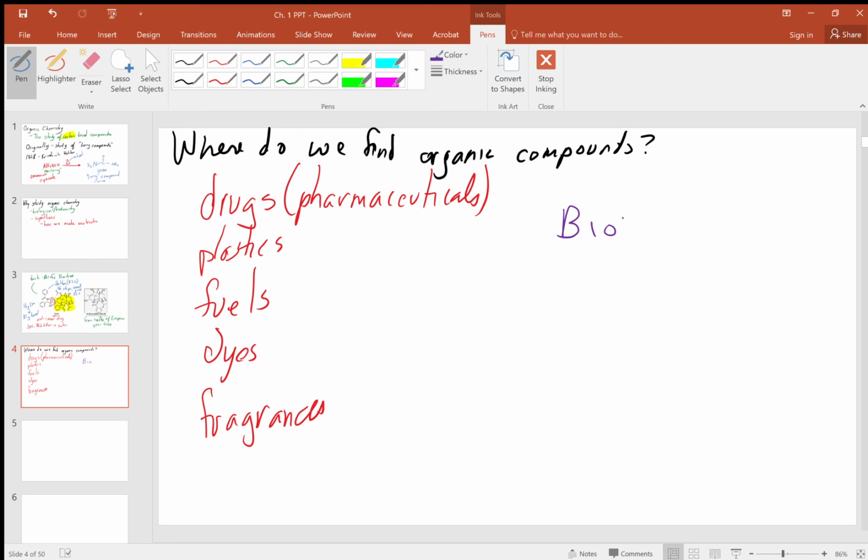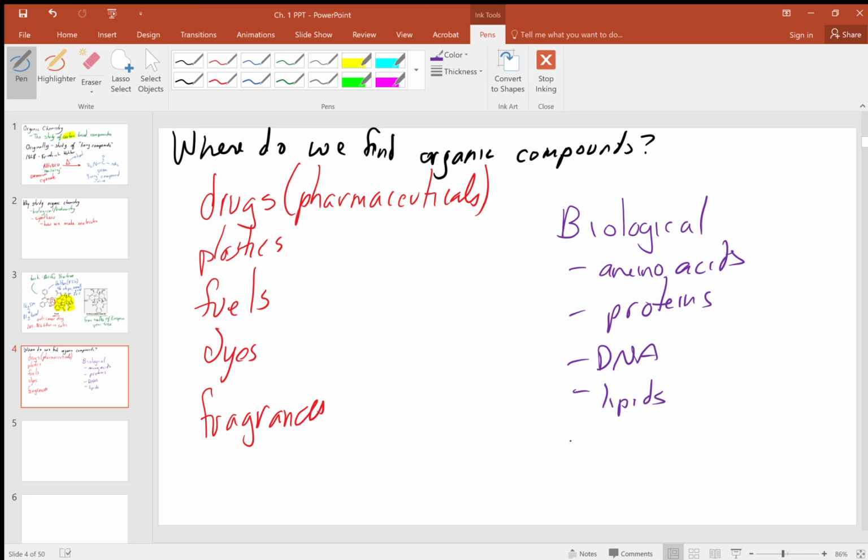And then most biological compounds: amino acids, proteins, DNA, lipids, and carbohydrates. All of these are carbon-based molecules. So no matter what we do, especially when it comes to biology, everything is based around organic chemistry.